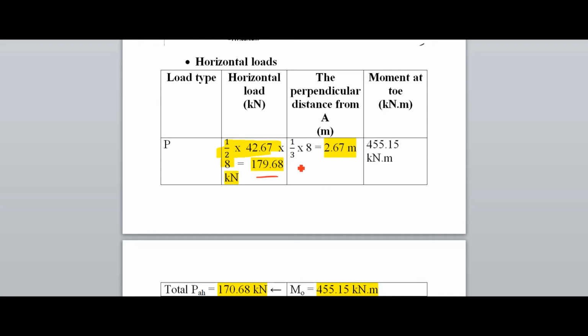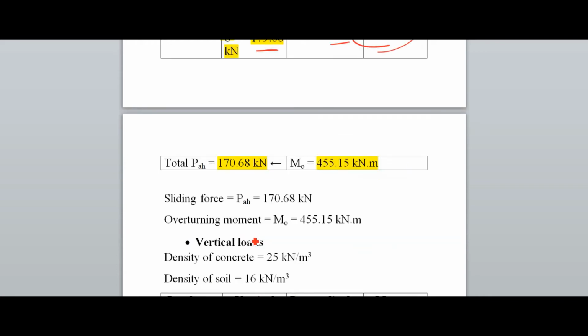The perpendicular distance is 1/3 of 8 because of the triangle, so the distance is 2.67 and the moment is 455.15. Therefore, we have found the total pressure and total moment in the horizontal direction, right? And we got the sliding force and overturning moment. I will explain how to calculate the sliding force and how to calculate the overturning moment.